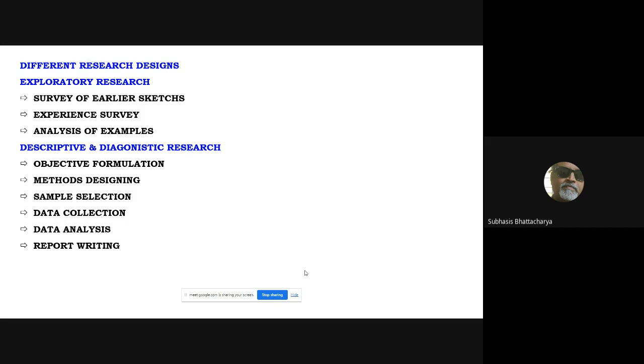So most of the social research comes under these categories, either exploratory or descriptive or diagnostic. In descriptive as well as diagnostic studies, the researcher must be able to define clearly what he wants to measure and must find the adequate method for measuring it, along with a clear-cut definition of population.